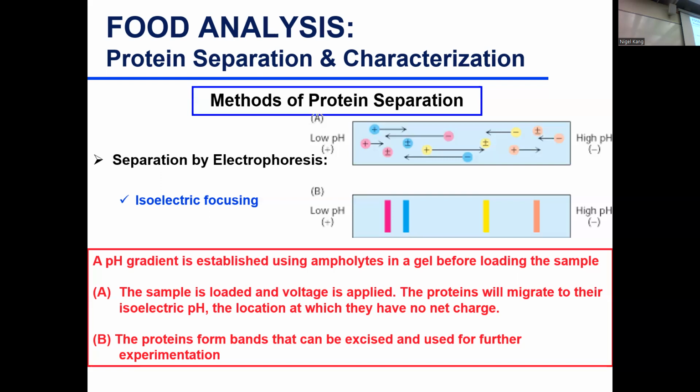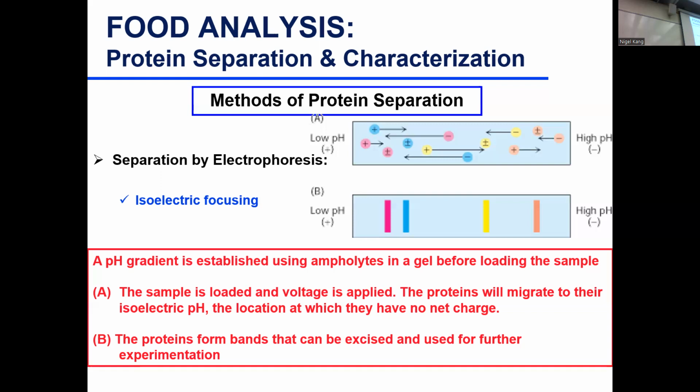So before loading your sample, you add ampholytes to your polymerization solution, and then you apply the current. What happens? Those charged polymers migrate, and so you have positive charges and negative charges throughout your gel.